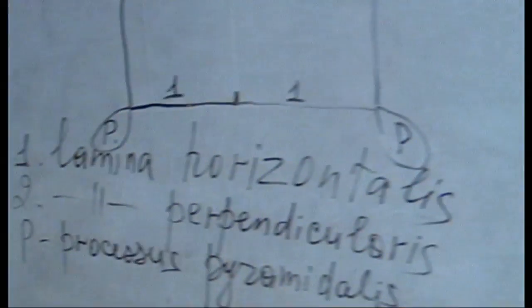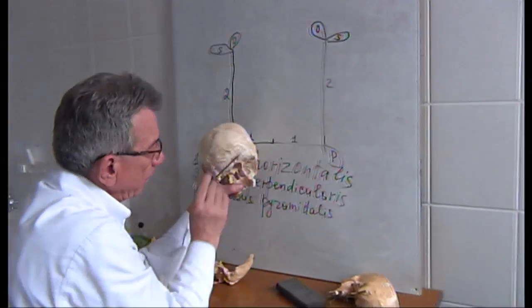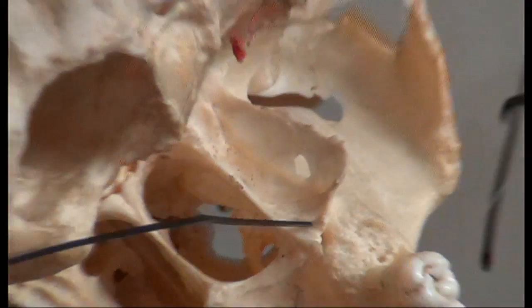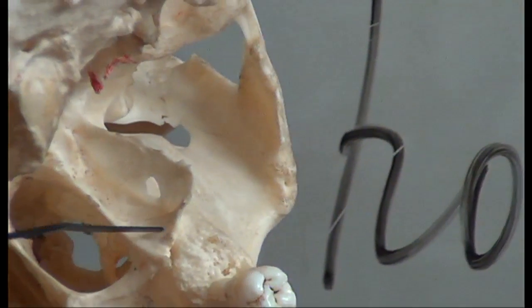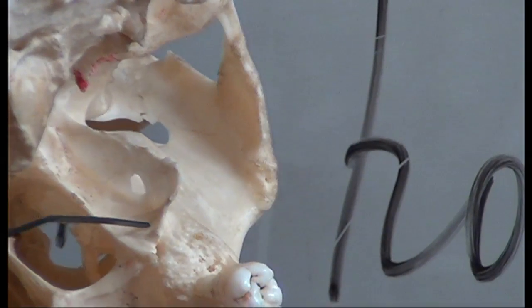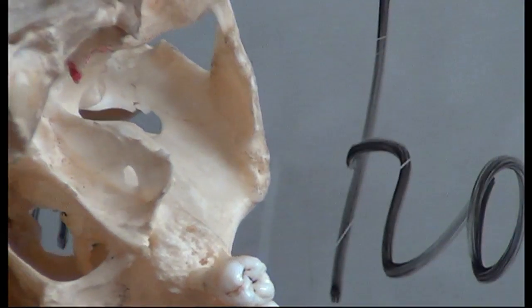So processus pyramidalis occupies incisura pterygoidea. So we can say that this is processus pyramidalis of the palatine bone.